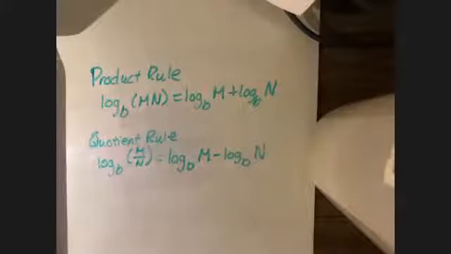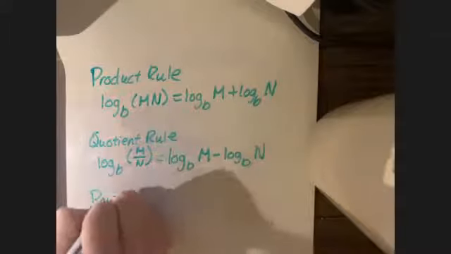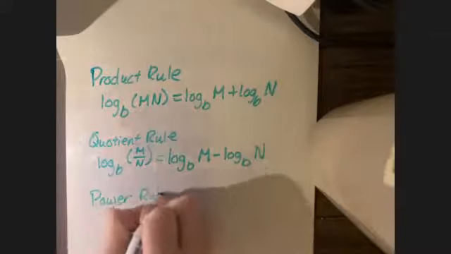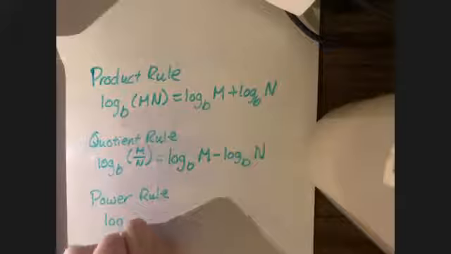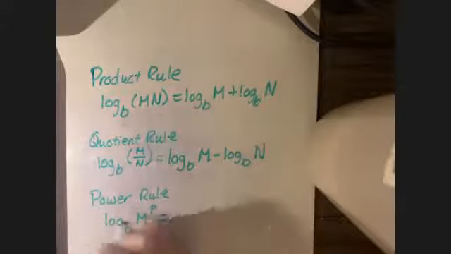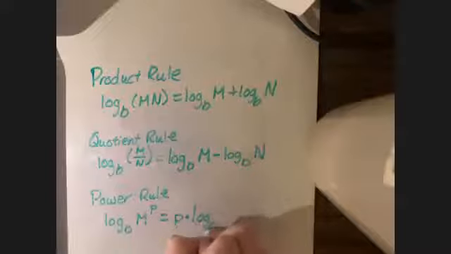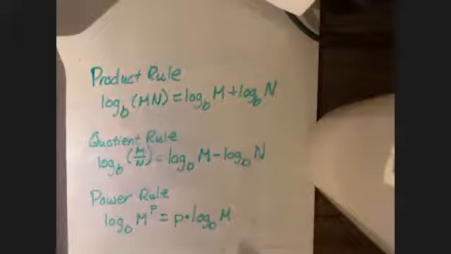Okay. And then we have the power rule, which says log base b of m with a power. This power can come right down out in front as a multiplier, okay? And normally we won't see this multiplication dot because it's actually just a number, okay?